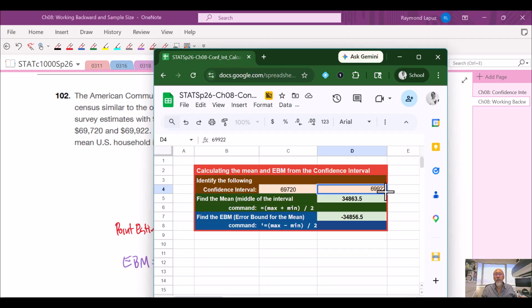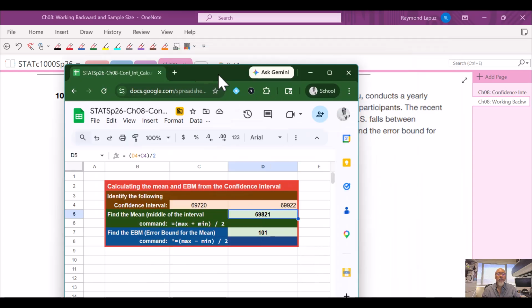There we go. If I press enter, I'll see that the middle of that value is 69,821, and then the error bound is 101.